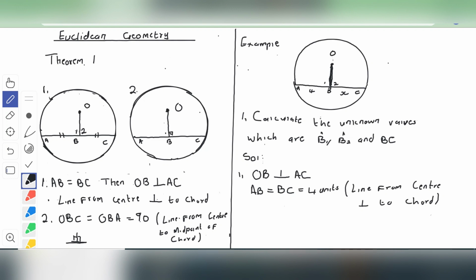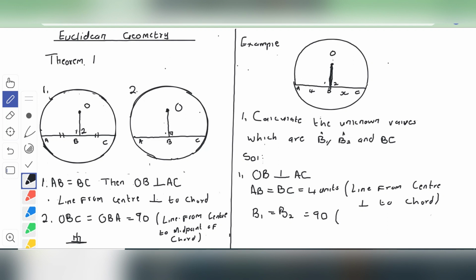What do we know about the symbol or the properties of perpendicular? We know that these angles right here, which are P1 and P2, are both equal to what? 90 degrees, right? So therefore angle P1 is going to be equal to angle P2, and both equal to what? 90 degrees, right?